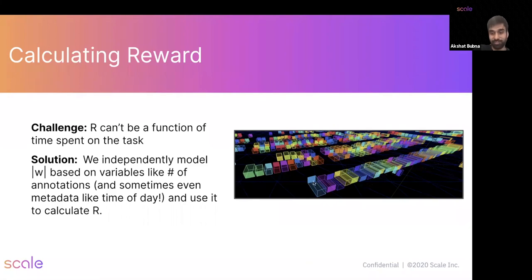I have a really pathological example here of a task that had literally hundreds of cuboids because the car was going through a parking lot. And so obviously you want to pay people proportional to the amount of effort they're putting in. The solution for that is we independently model the work based on variables like number of annotations, sometimes even metadata like time of day, and use it to calculate the reward.